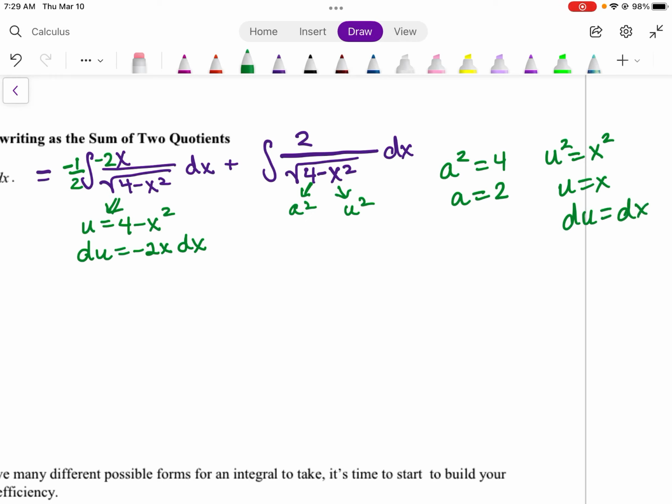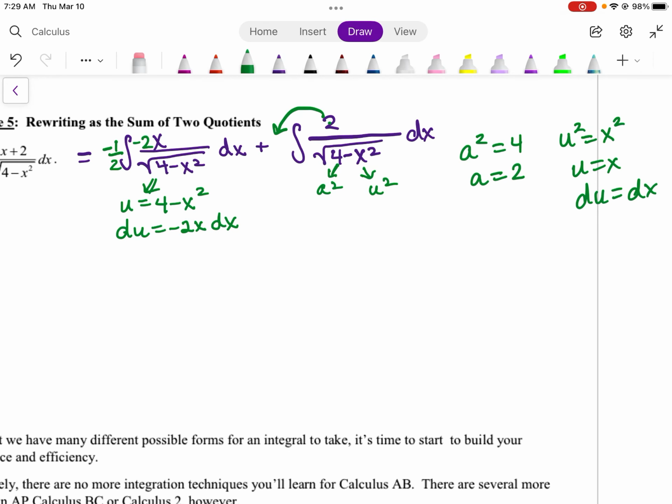Don't need anything extra there. In fact, if you want, this 2 can always be taken out here if it's bothering you, so that 2 can be written in the front as well. All right, over here we have some u substitution going on. -1/2, the integration of 1 over u to the 1/2 du, and over here we're going to have the arc sine showing up.